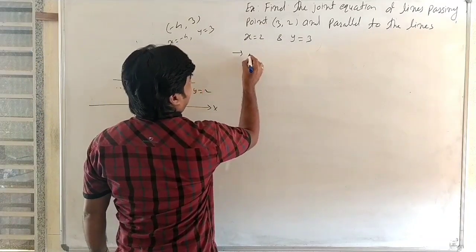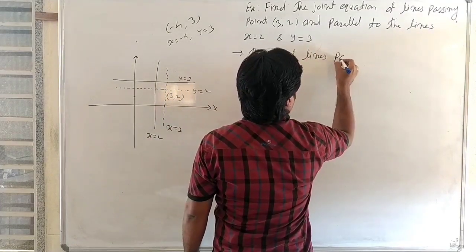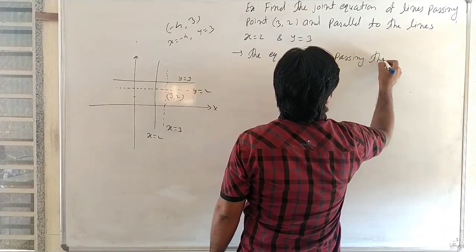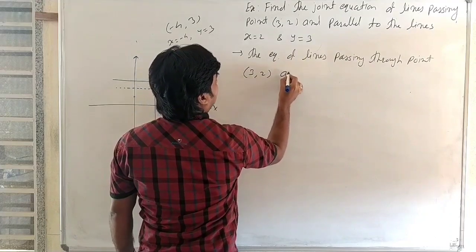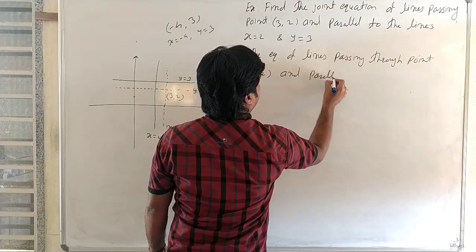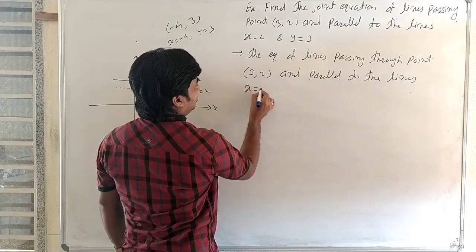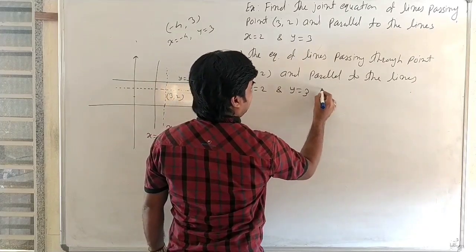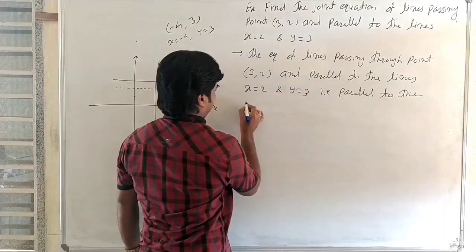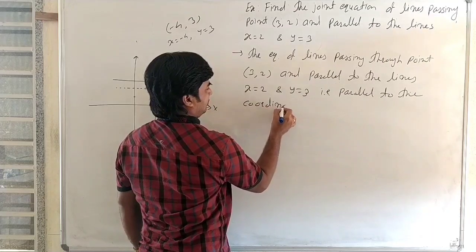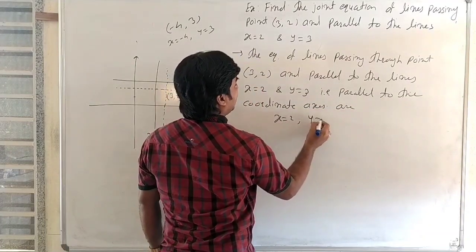Okay, now the equations of lines passing through point (3, 2) and parallel to the lines x = 2 and y = 3, that is, parallel to the coordinate axis, are x = 2 and y = 3.